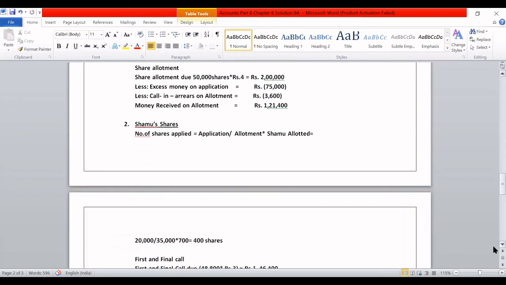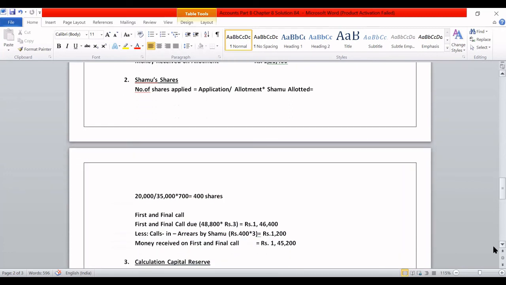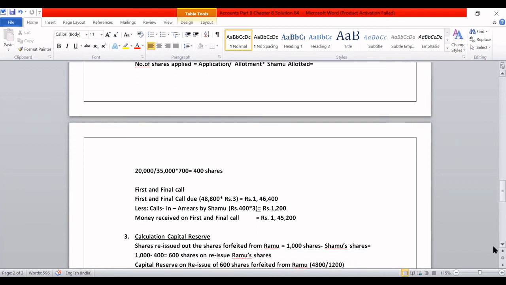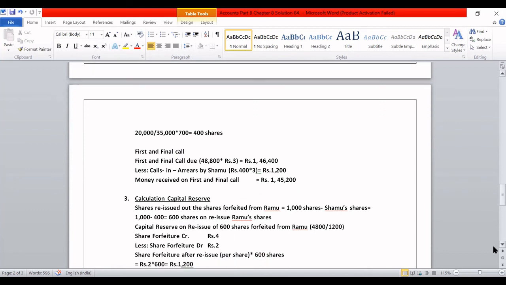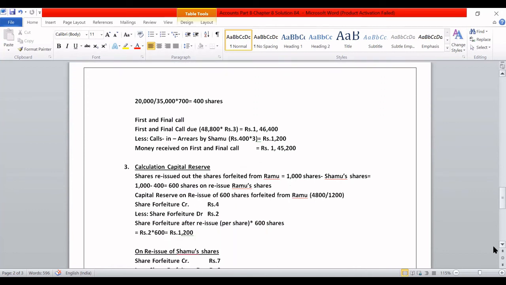So the money received on allotment was 1,21,400. Now coming to Shamu's part, number of shares applied is equal to application, that is 20,000, divided by allotment, that is 35,000, into 700, that is allotted, equals 400 shares. Now he comes into the picture in the first and the final call. So first and the final call due, that is 48,800 into 3, 1,46,400.